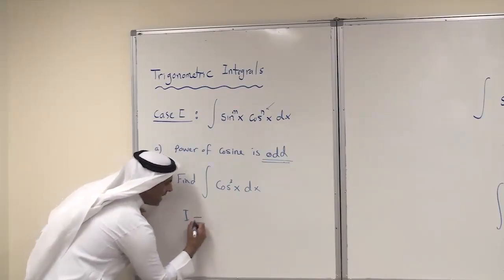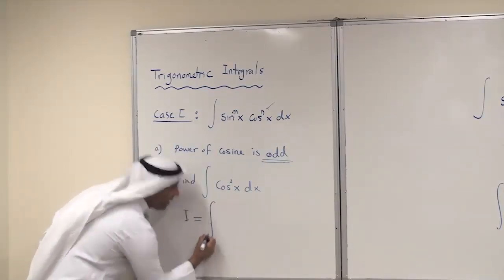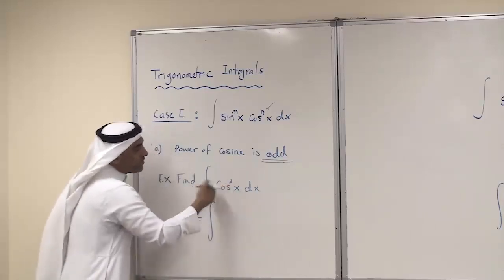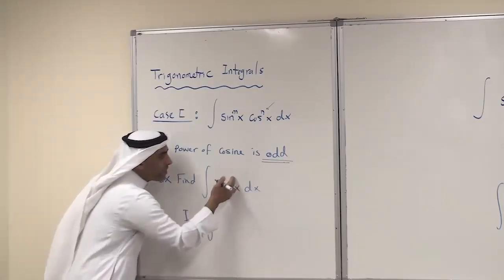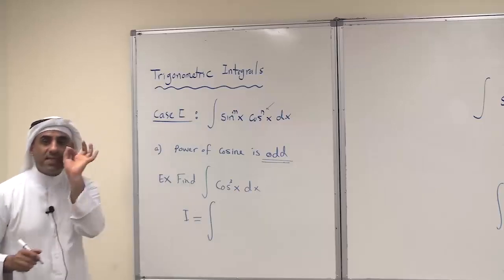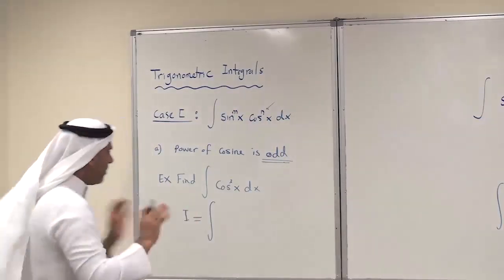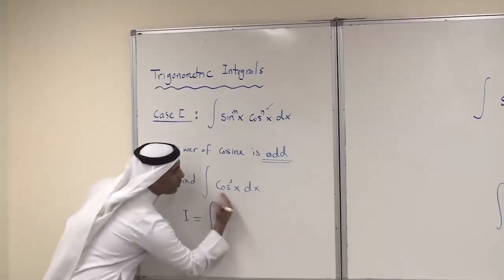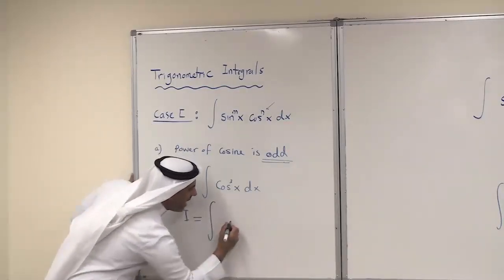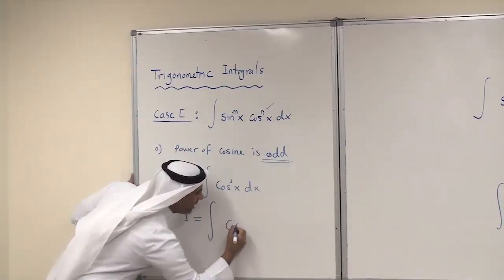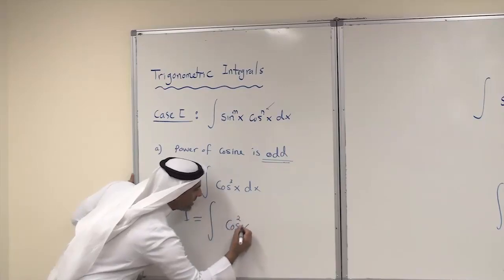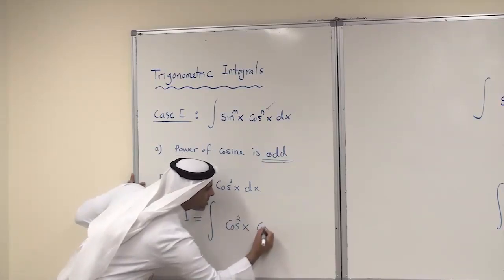The strategy says, if you need to integrate a combination of sine and cosine where the power of cosine is odd, the first step is to save one cosine function. So I will separate one cosine function. So what do we have? I will clearly have cosine squared of x, after separating cosine of x.